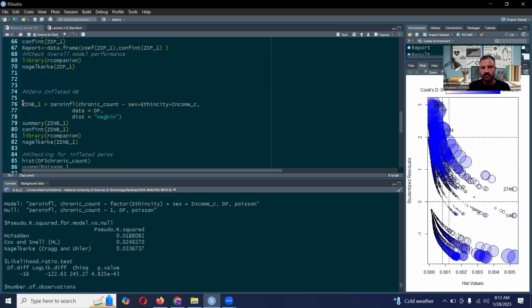So the zero inflated Poisson model only captures the inflated zeros, but when we have the problem of inflated zeros as well as over dispersion, then we can run a zero inflated negative binomial model, which is just like a zero inflated Poisson model, and we are just replacing the Poisson model with a negative binomial model. And you can see the results.